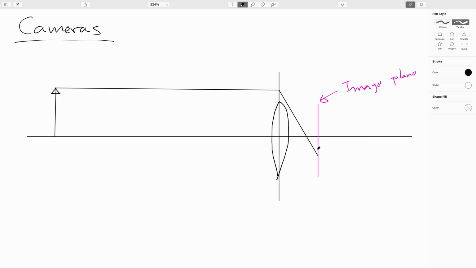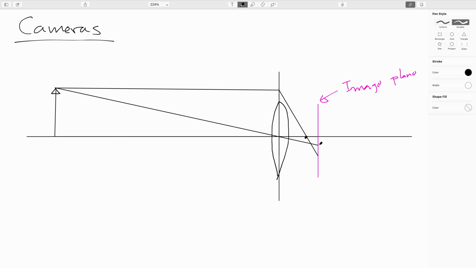This ray obviously would not contribute to the image, but I'm just using it to locate a focal point here. You can go ahead and draw the central ray.